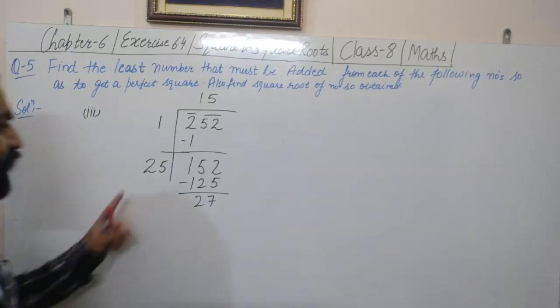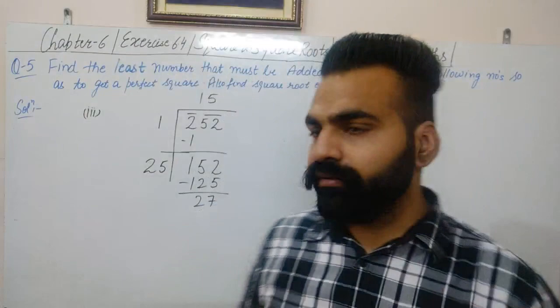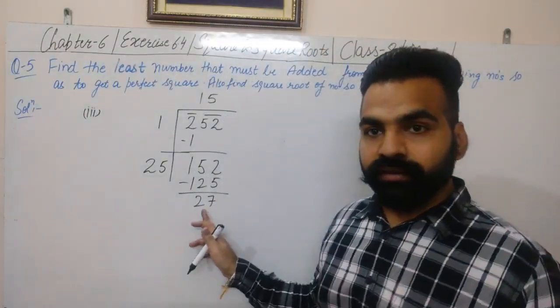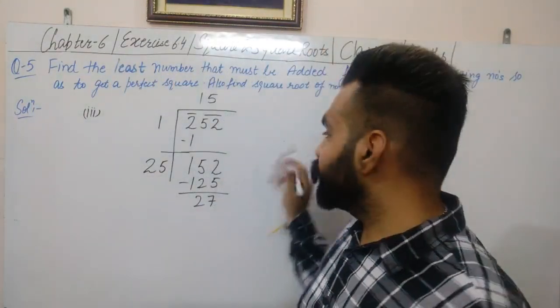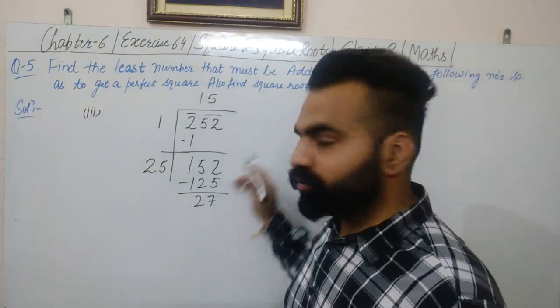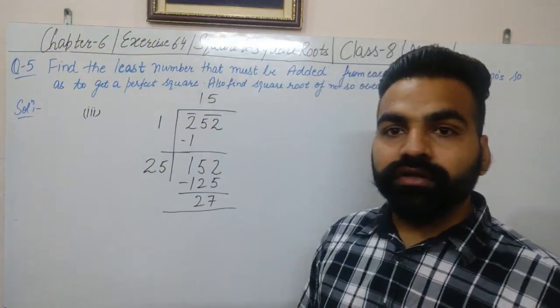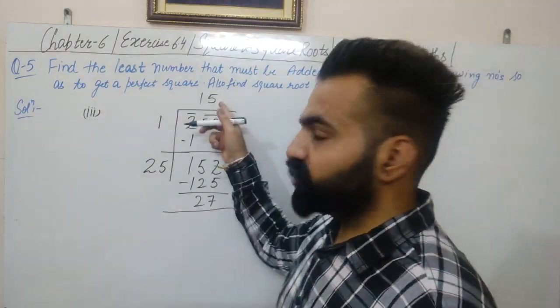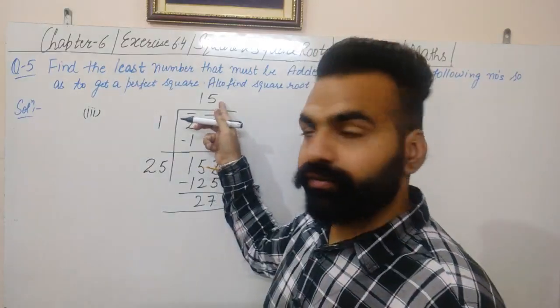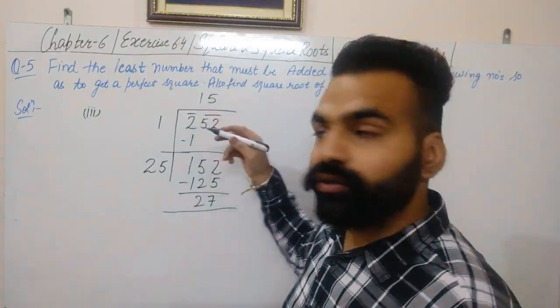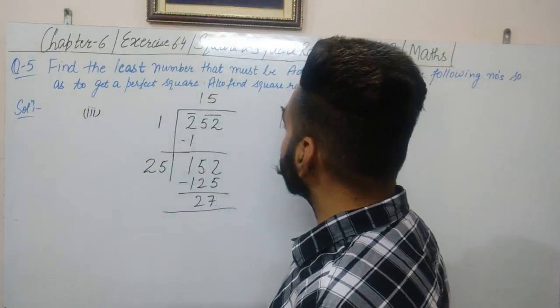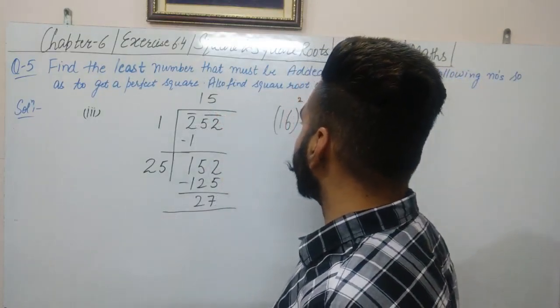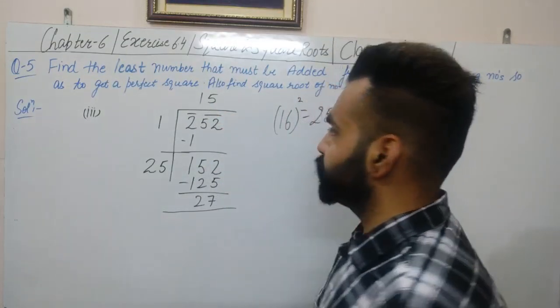So in the next step, the divisor will be greater than this remainder, and there is no pair left here, so we can't do further division. So we will stop here. So now what is the quotient here? Quotient here is 15. So take the next number to this quotient, that is 16. 16 square is 256.